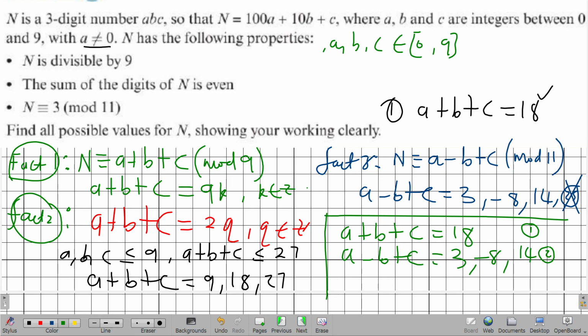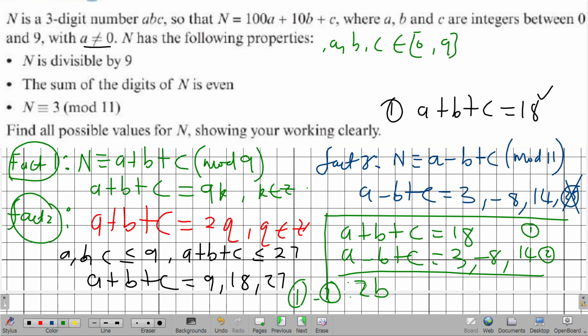Now, looking at them, we can eliminate a and c here by subtracting these two equations. If I subtract equation 1 and equation 2, a and c can be eliminated, which means I will have 2b here. So let me say equation 1 minus equation 2. We get 2b. So it's best to eliminate two variables rather than trying to eliminate b and still be left with a and c.